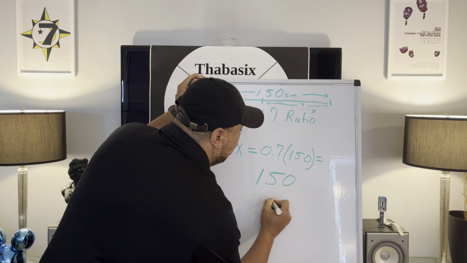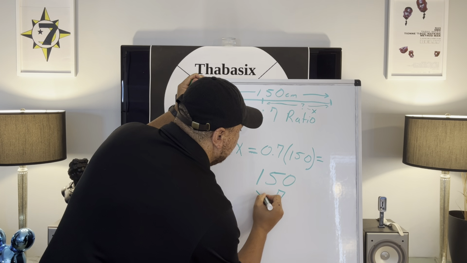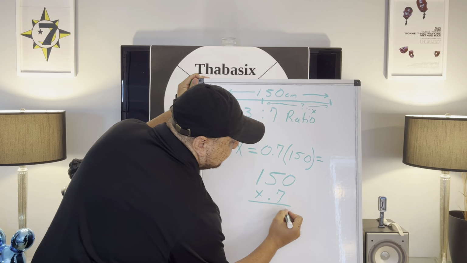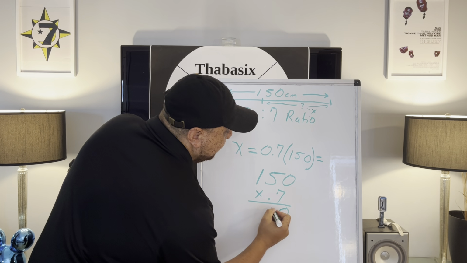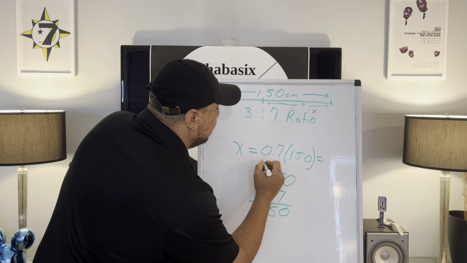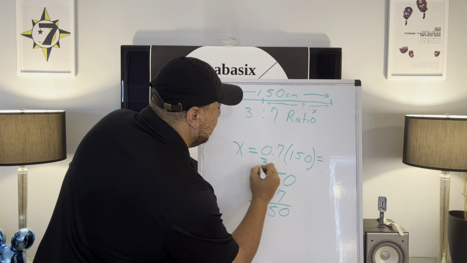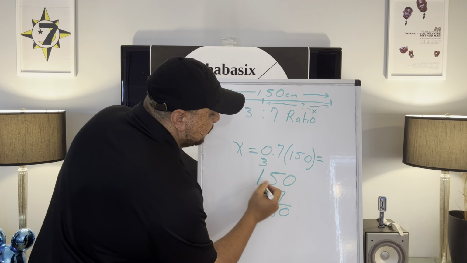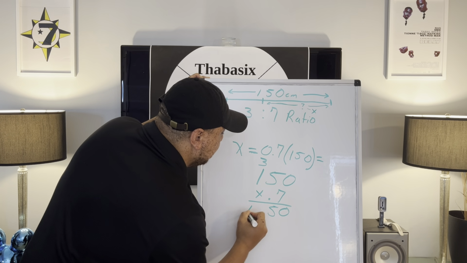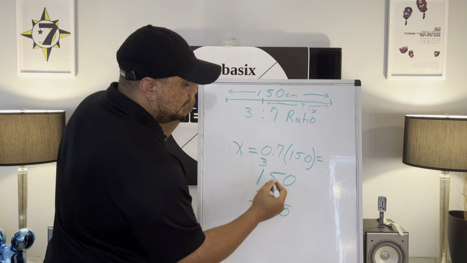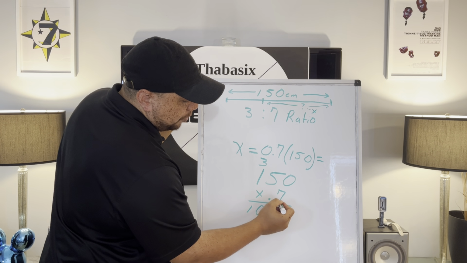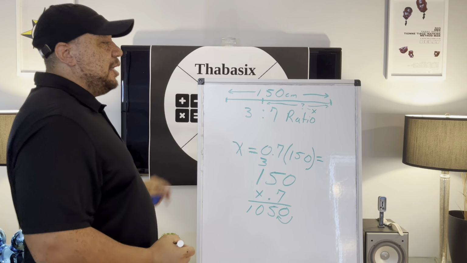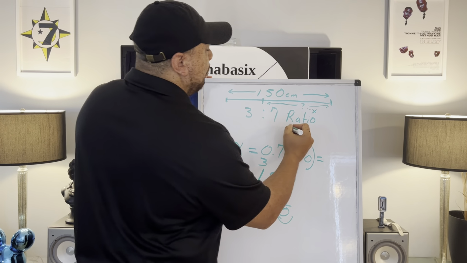So I'm just going to put 0.7. I'm not going to use the decimal point yet. 7 times 0 is 0. 7 times 5 is 35. 7 times 1 plus 3 is 10. We have a decimal here, one place, so we have to move it one place. So the answer is 105.